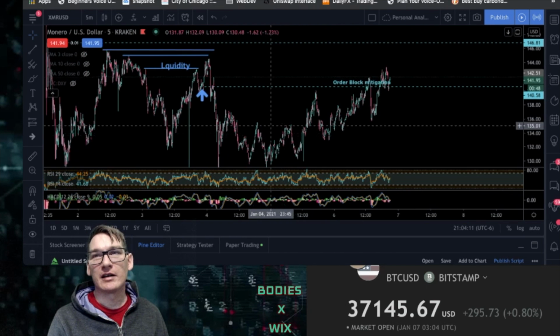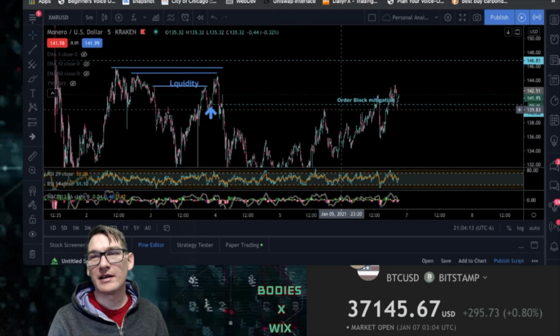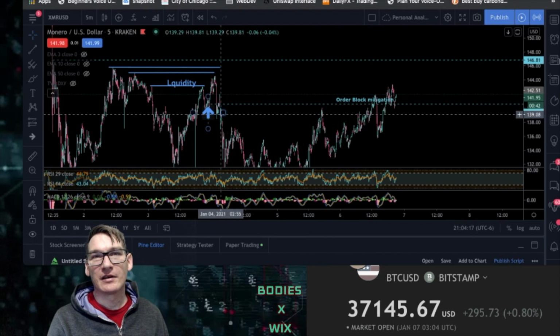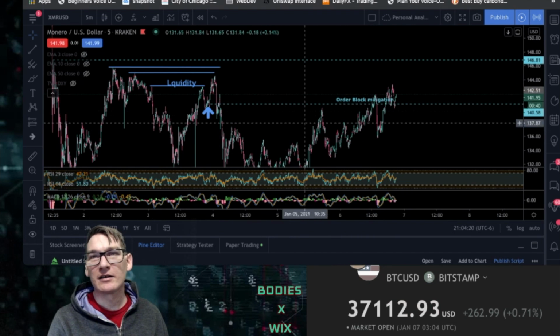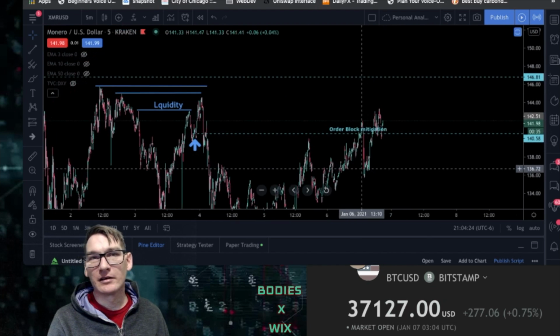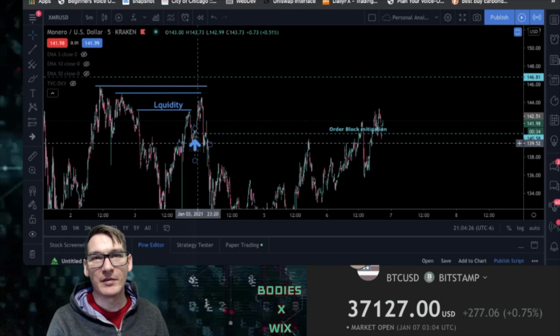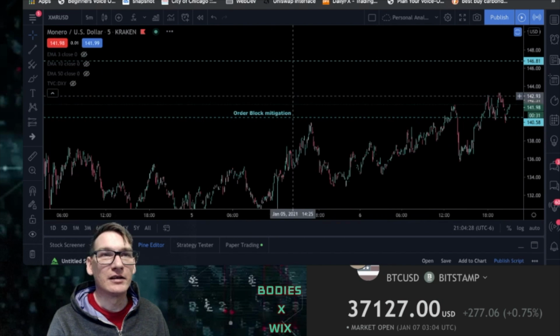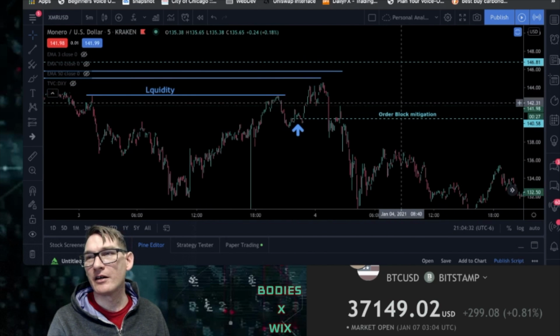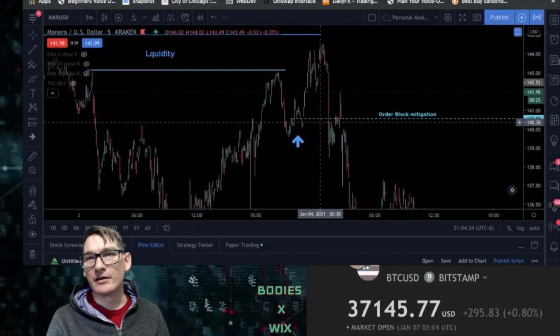It did have the order block mitigation that it came up with, this order block area, right? It came up and dropped from there. So that's that last down up push. Do you see that? If you have MetaTrader 4 and you've got a broker that has Monero like I do, you can trade this.